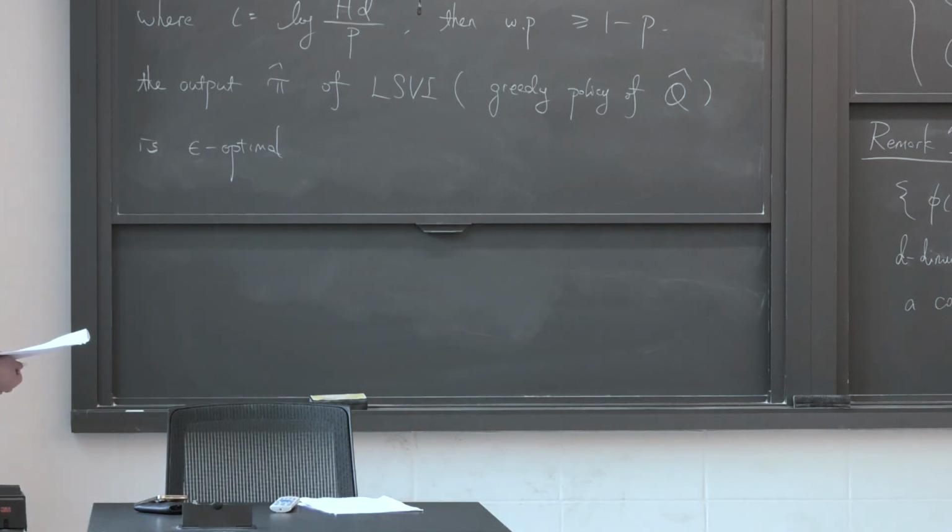So it's a very similar ingredient. We just say with a sufficient number of queries, and then we say the policy output by our algorithm is epsilon optimal.